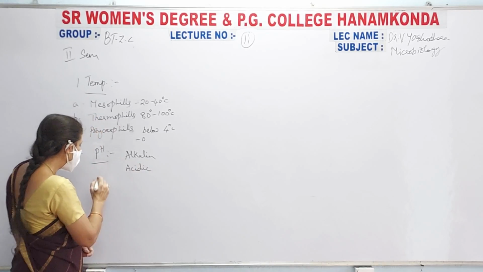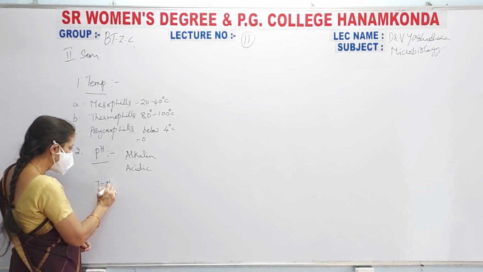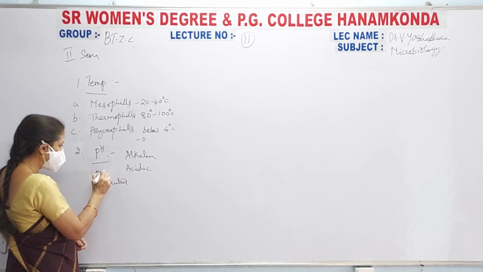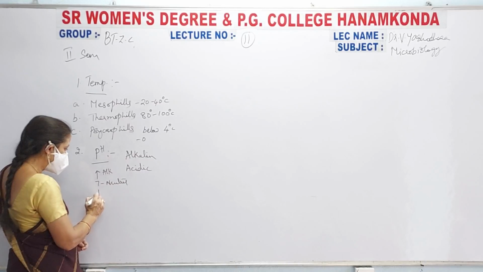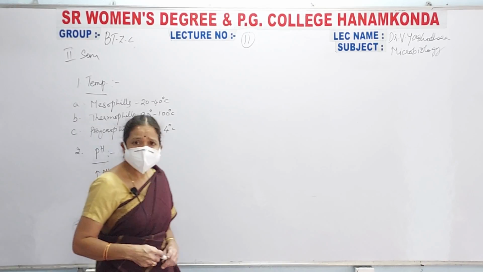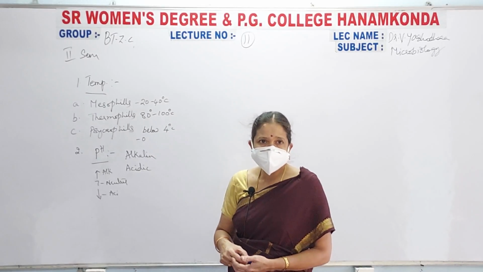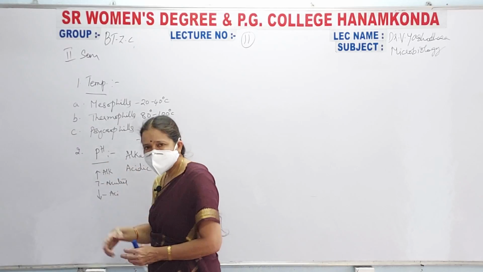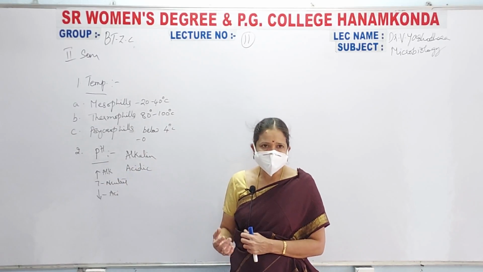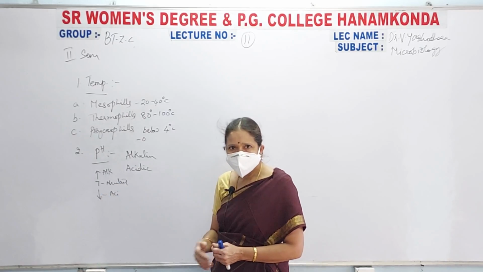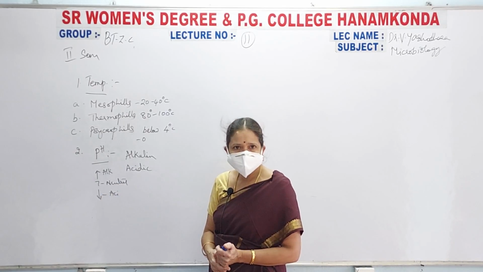All of you know that pH 7 is neutral, pH above 7 is alkaline, and below 7 is acidic. Your drinking water is pH 7, and if it consists of a large amount of bases, it is known as alkaline or basic in nature, and if it is below 7, the pH is known as acidic in nature.